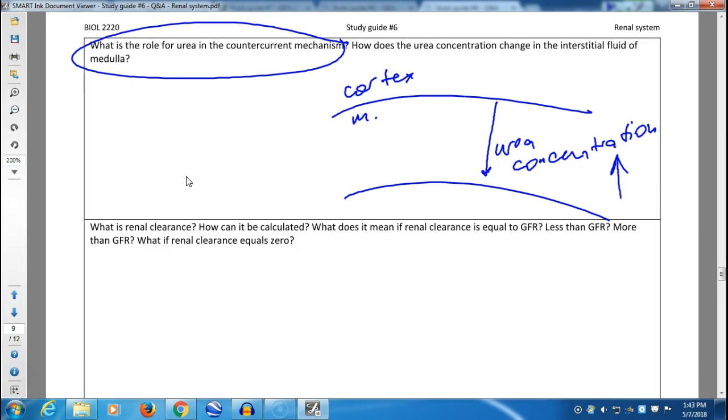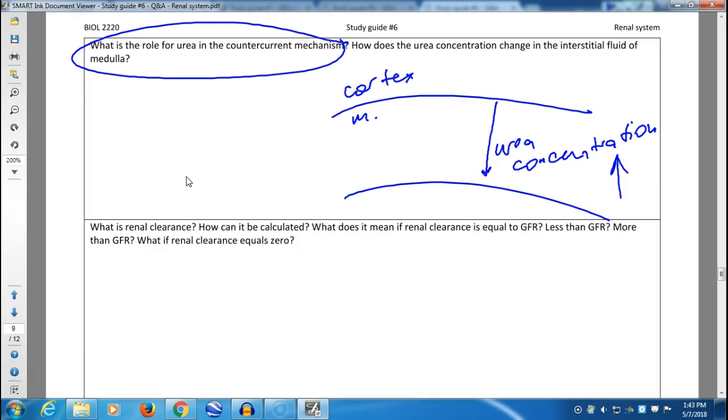Now, renal clearance. It's the parameter that shows whether a chemical is reabsorbed or secreted or additionally freely filtered. Let's go over it fairly quickly. If renal clearance is equivalent to GFR, what does that mean? Chemical is freely filtered. That makes sense.